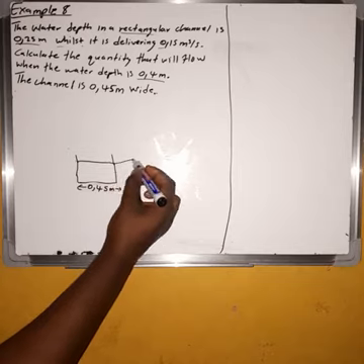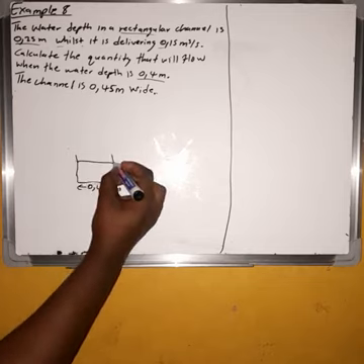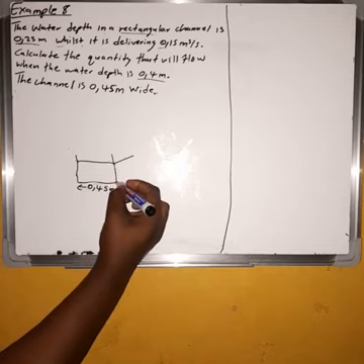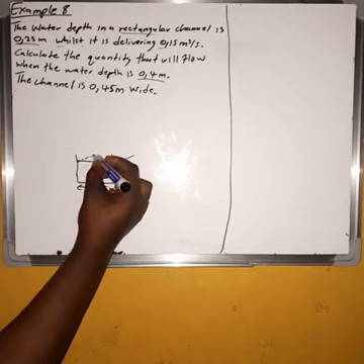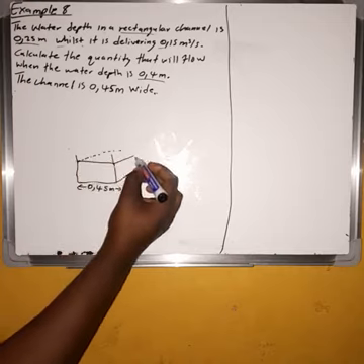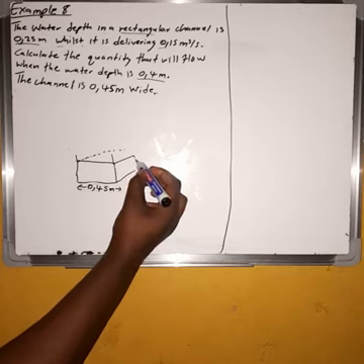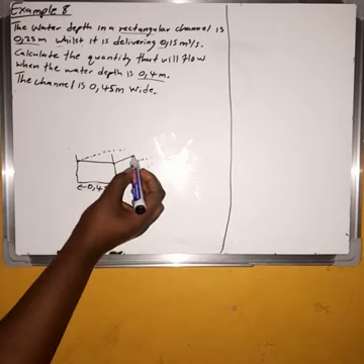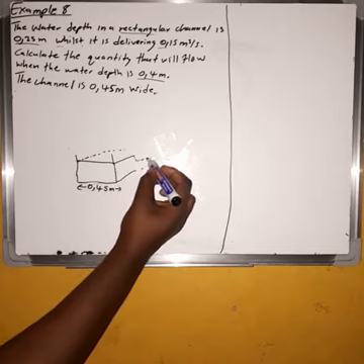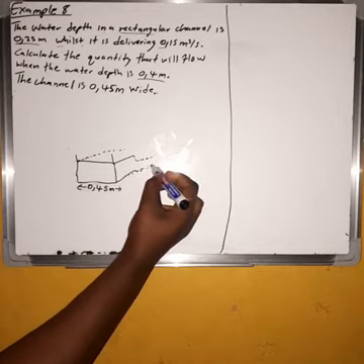Let me try to construct something like this. Somehow this section must reduce, from the perspective that I'm looking. I'm trying to understand this question here.